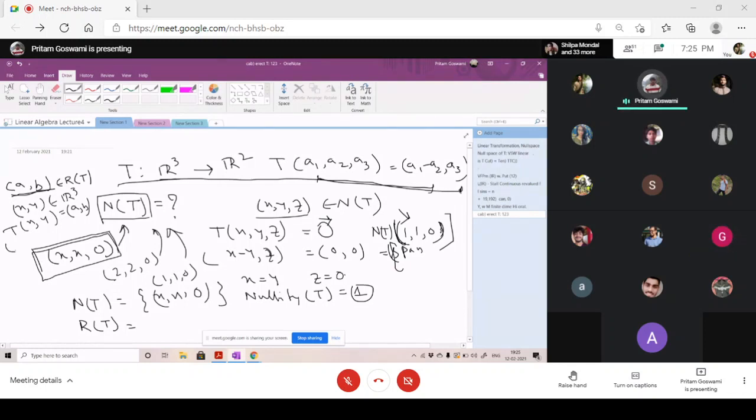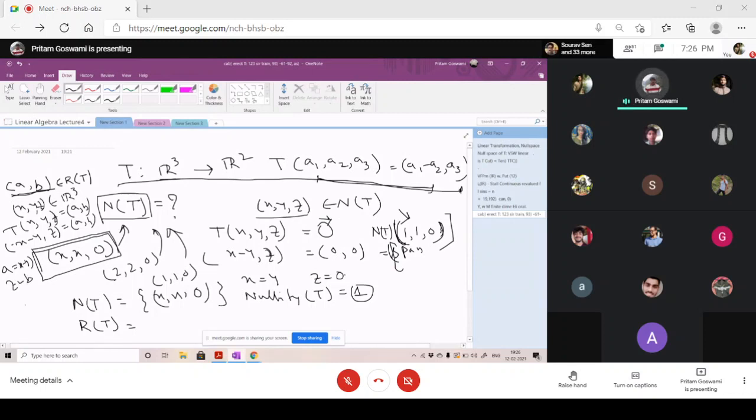T of (x, y, z) is (x minus y, z), which equals (a, b). So a is basically x minus y, and z is basically b.